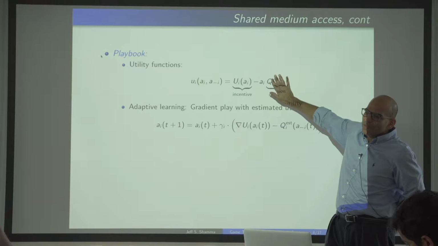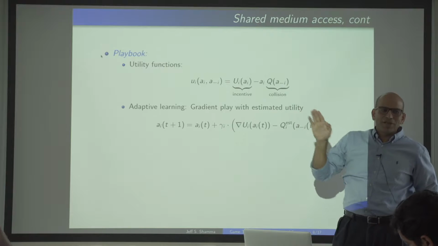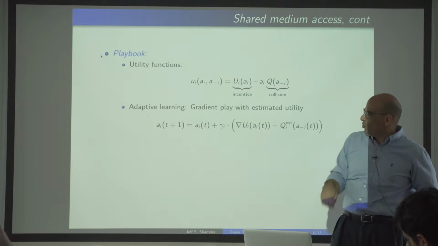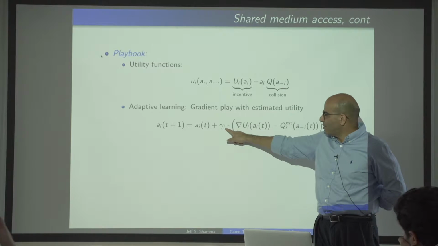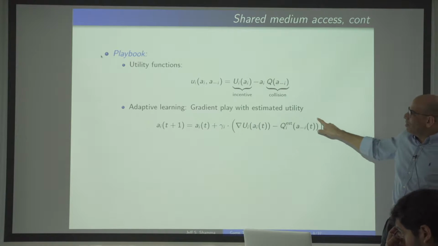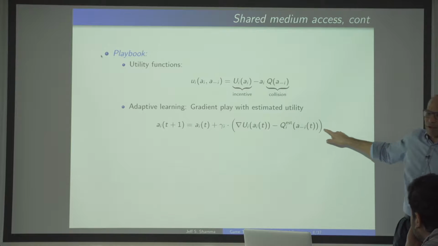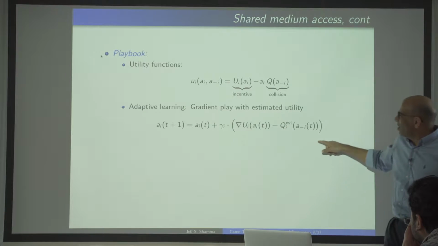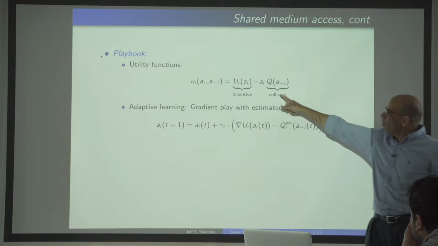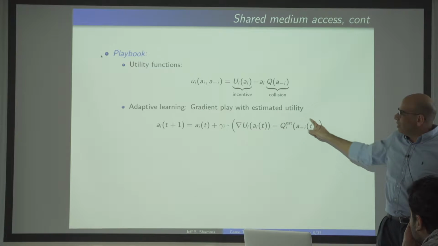It's treating the rest of the world as a constant and moving in the direction of the gradient of the part that it can control. So the new probability equals the old probability plus a step size times the gradient of the overall utility function, which is the gradient of the first part with respect to a_i, and then the gradient of the second part with respect to a_i, which is this term.